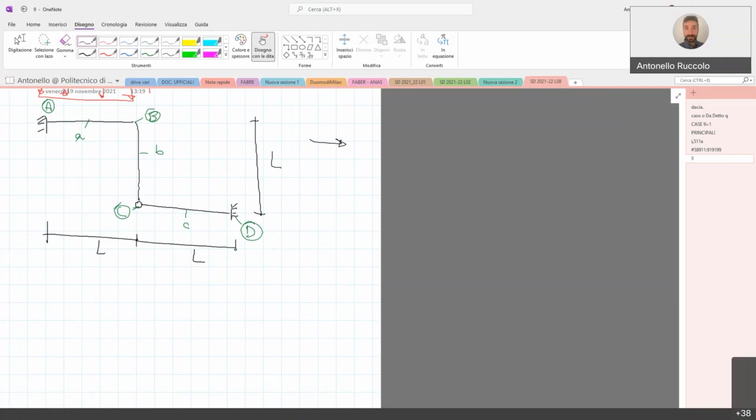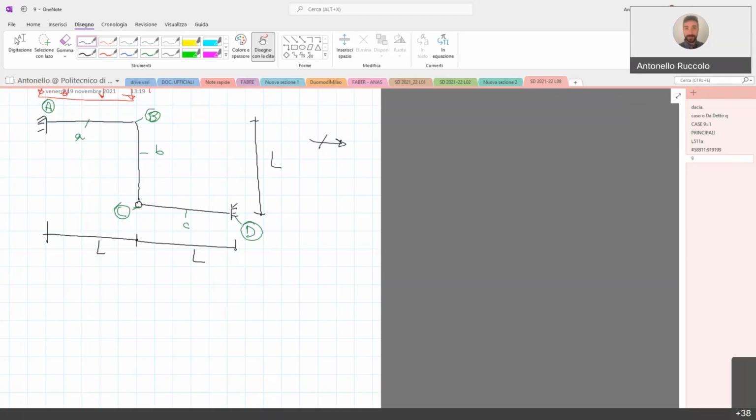I think B cannot have any displacement because also A and C can't have displacement. Okay. Yes, that's right. The node B cannot undergo any horizontal displacement because we said before that we impose axial stiffness of all the beams.